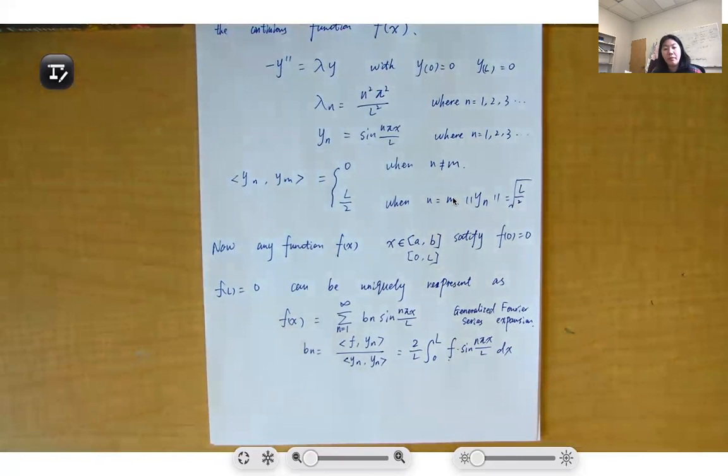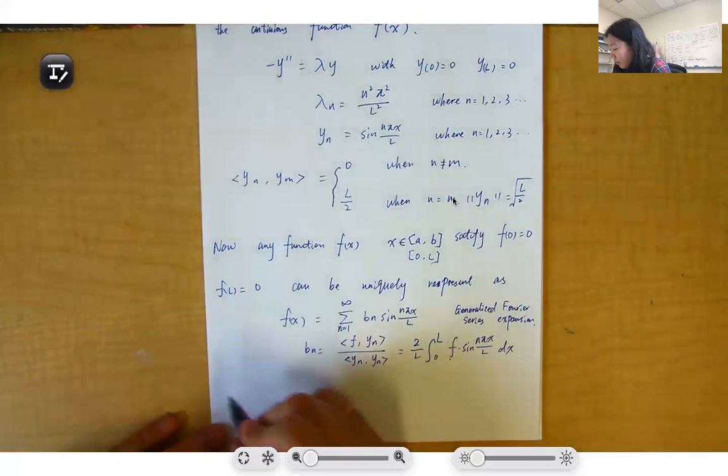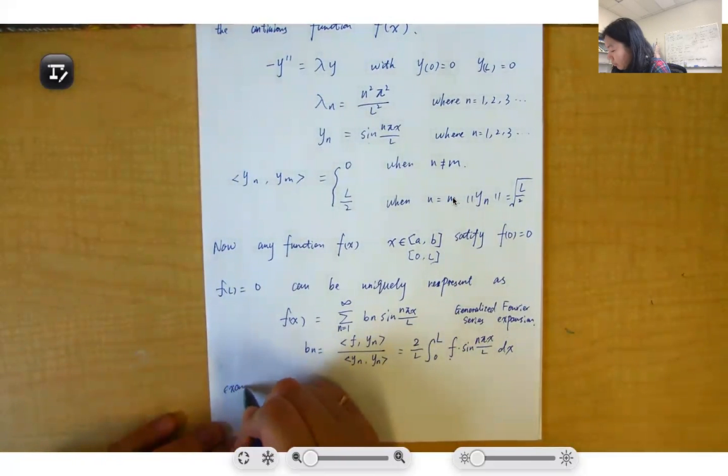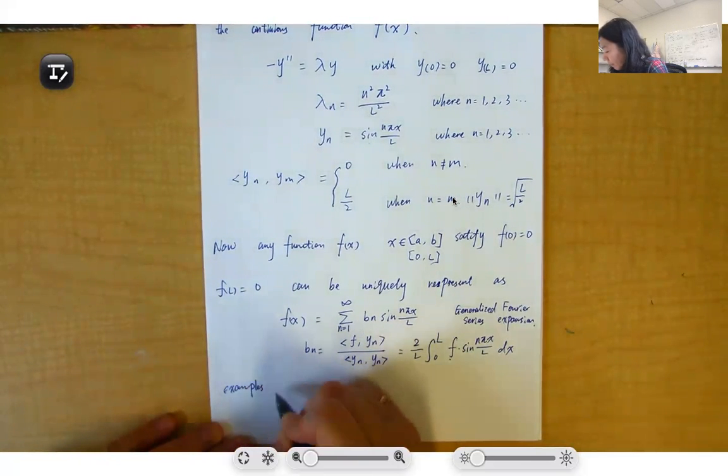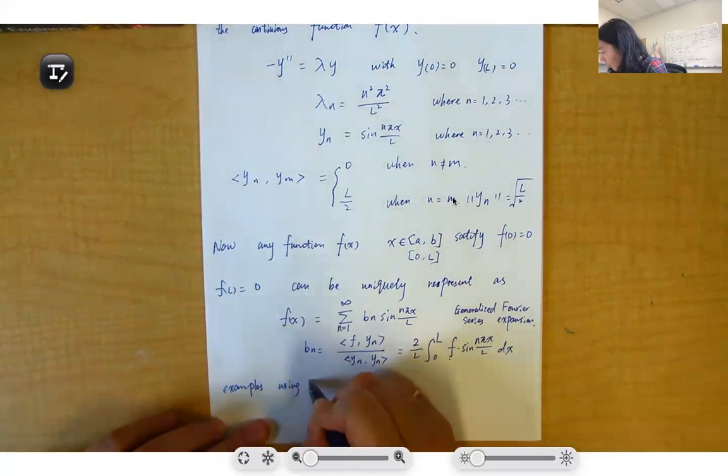And why is the Fourier series such an important topic from an engineering perspective? Because a lot of the spectroscopy you use for chemical engineering or chemistry or material science applications, the generalized Fourier series expansion is the basic foundation for the spectroscopy. So some examples using Fourier transform.